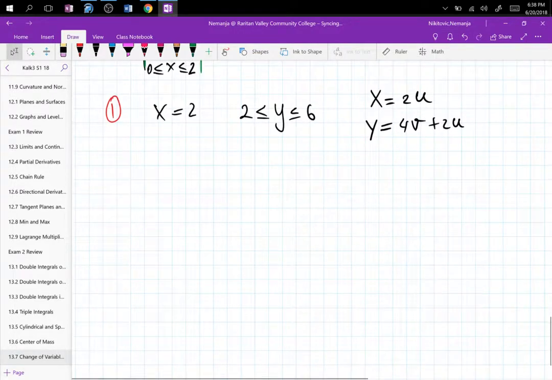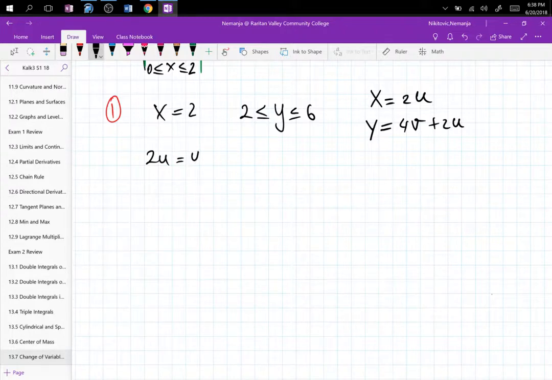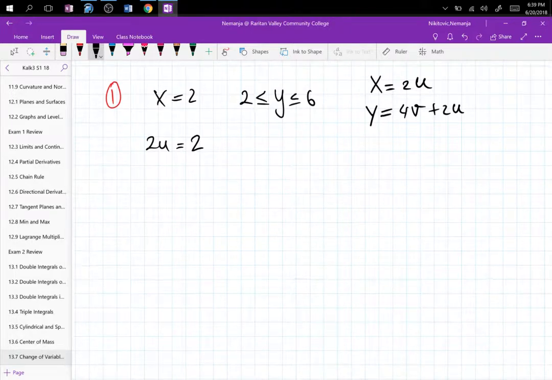To do this transformation, we simply replace x with 2u and y with the rest and see what happens. So x is no longer there. Now it's 2u equals 2. Okay, so u is equal to 1.